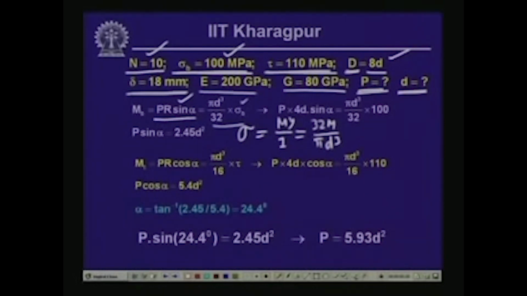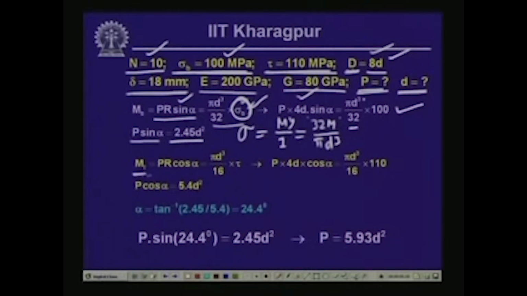So, M, which is PR sin alpha, is equal to pi d cube by 32 multiplied by sigma, and since capital D is 8 d, capital R is 4 d. So, P times 4 d multiplied by sin alpha is equal to pi d cube by 32 multiplied by the sigma bending, which is given as 100 MPa. So, this gives us a value of P sin alpha equal to 2.45 d square.